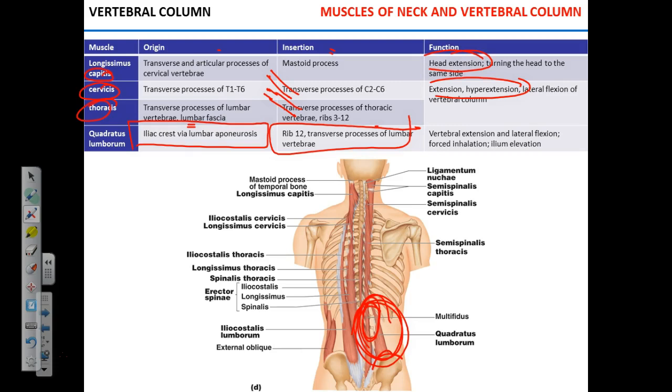Now, think about this. Look at the size of the muscles such as iliocostalis or longissimus. Are they wide? They aren't. However, quadratus lumborum is pretty wide and massive. From the mechanical standpoint, can you explain why?